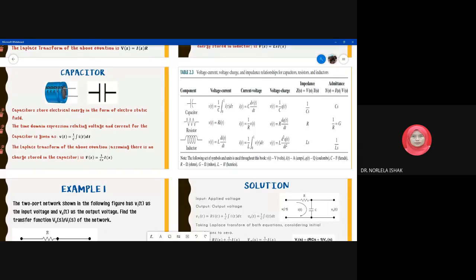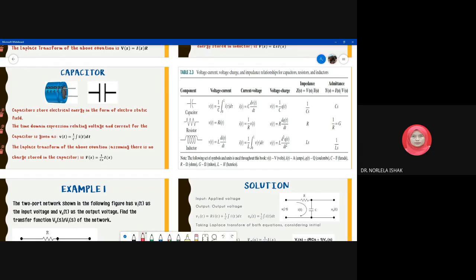I think you can get the ebook from the library portal if you can log in. Table 2.3 shows the relationship between voltage and current, voltage and charge, and the impedance for the capacitor, resistor, and inductor.